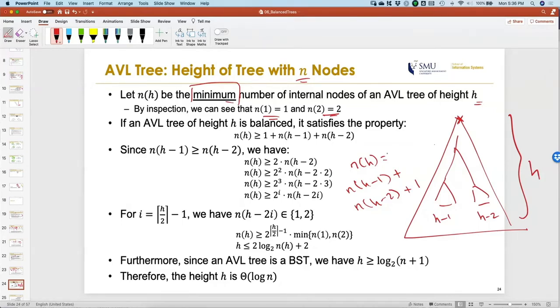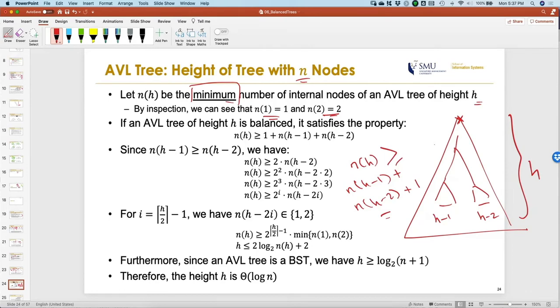Since this is the minimum, I can rewrite this into an inequality. It must be greater than or equal, because any of these subtrees can actually be bigger. For example, I don't have to have the minimum, I can have the maximum of the subtrees of height h minus 1, or I can say that I'm going to have two subtrees of equal height, so both of them are going to be h minus 1.